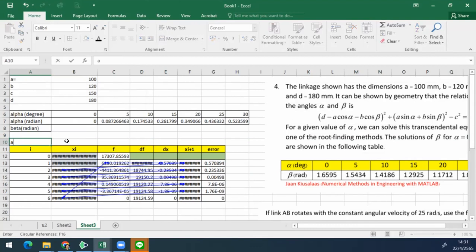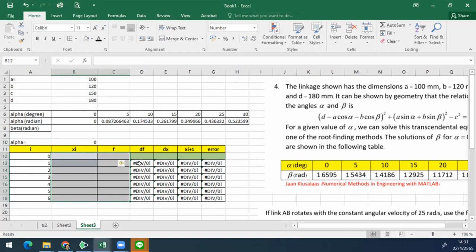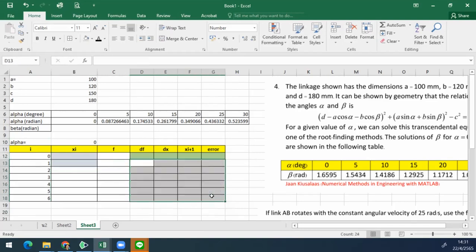This should be the angle alpha, so we start with 0 first. We create the second formula.